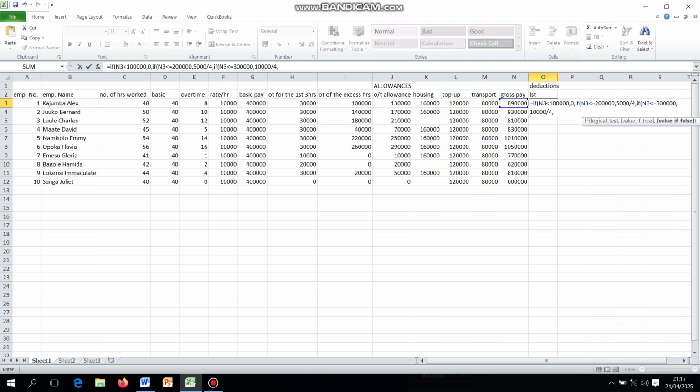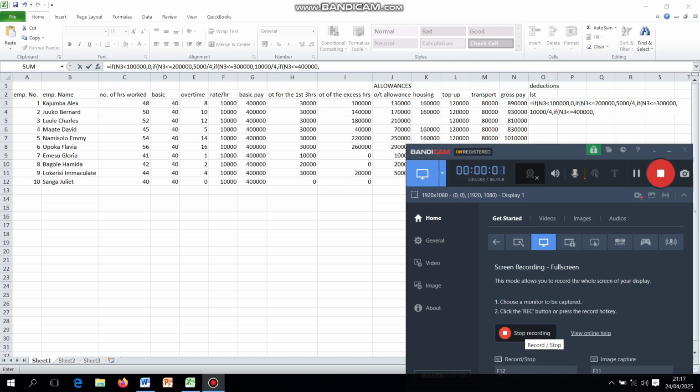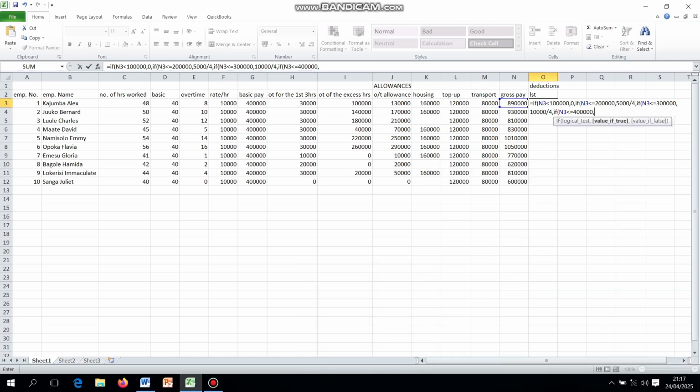So we shall go to the next part, which is IF, we open our bracket, our gross pay is less or equal to 400,000. So there, the rate which was given was 20,000.